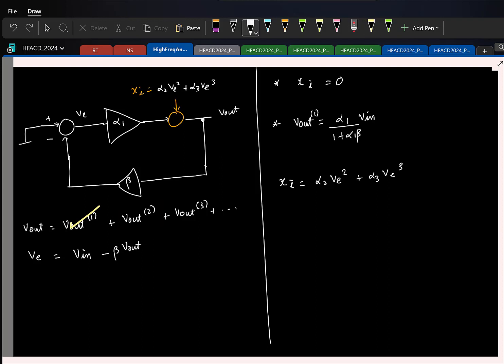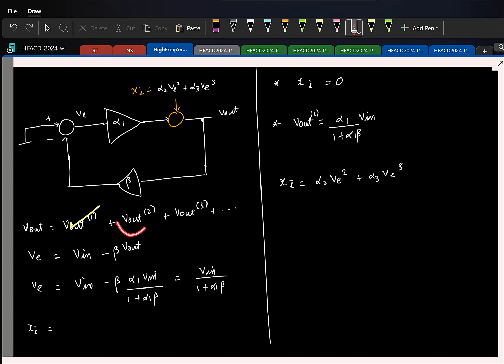So let me write V here. V is V in minus beta times V out. The only information I know about V out is V out 1. So I'll write it this way: alpha 1 V in, so what does it simplify to? It's V in by 1 plus alpha 1 beta. So my injected signal is basically alpha 2 V square plus alpha 3 V cube.